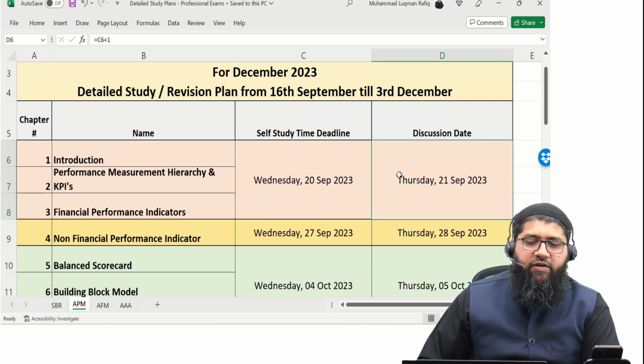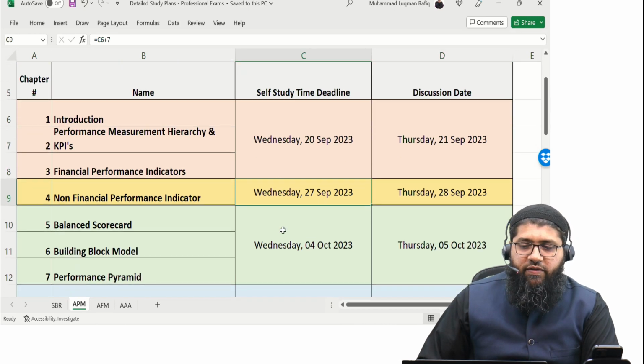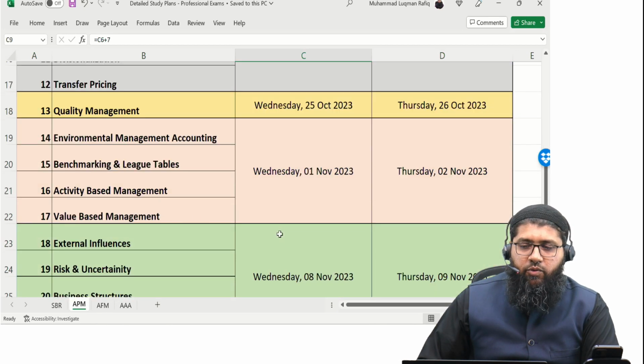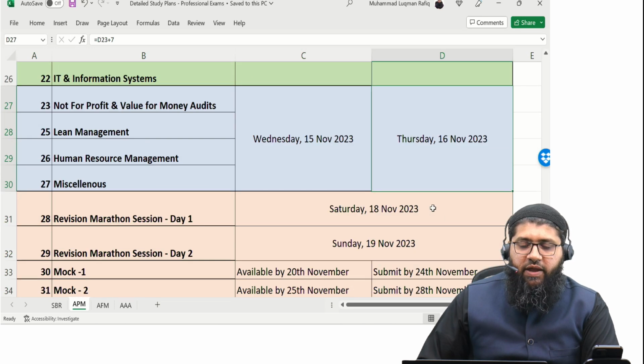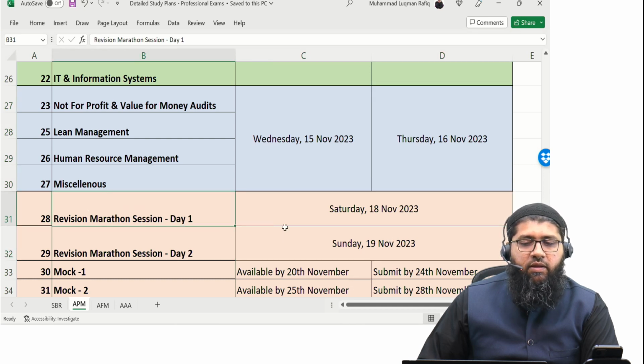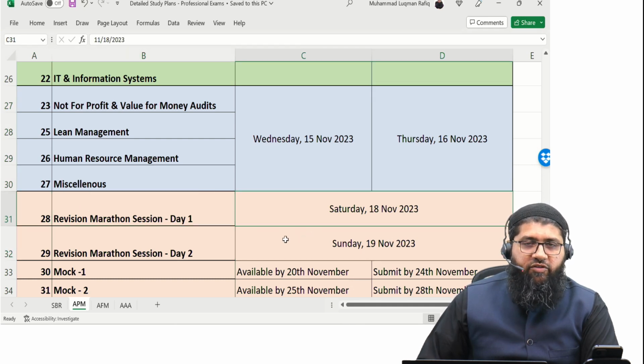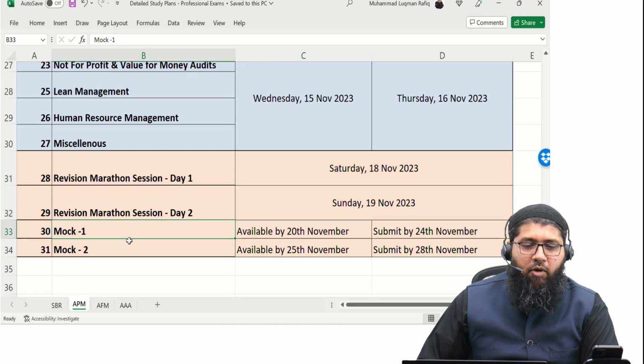The discussion date for each relevant topic is given. You would see the whole of it. Then on the 18th of November and the 19th of November, the revision marathon sessions are going to be conducted, and then mock 1 and mock 2.